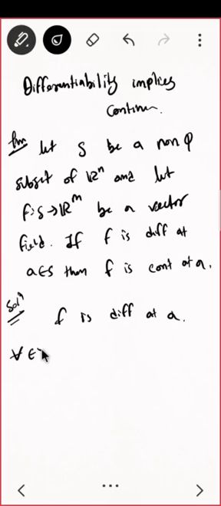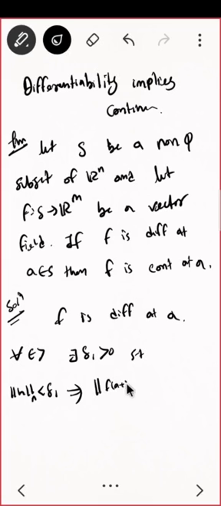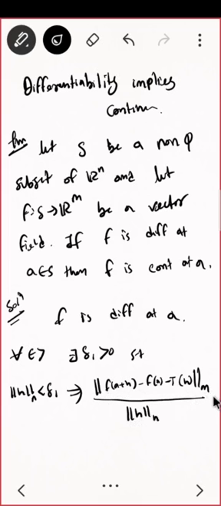For all epsilon positive, there exists delta 1 positive such that norm of H less than delta 1 implies, this H is in Rn because the domain has n elements, norm of f of E plus H minus f of E minus T of H, and this norm in Rm, upon norm H in Rn, is less than epsilon.